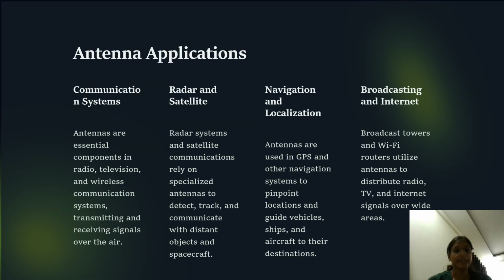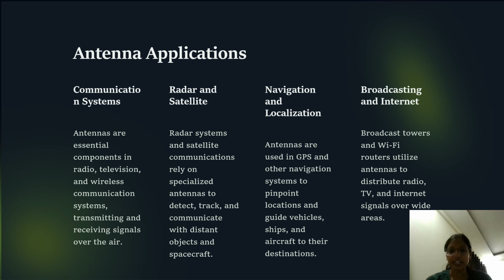Then I have antenna applications: communication systems, radar and satellite, navigation and localization, then broadcasting and internet. Antennas are essential components in radio, television, and wireless communication systems, transmitting and receiving signals over air. Radar systems and satellite communication rely on specialized antennas to detect, track, and communicate with distant objects and spacecraft.